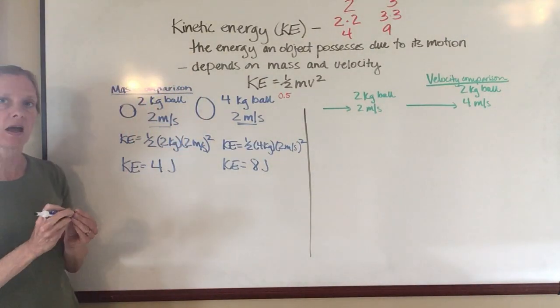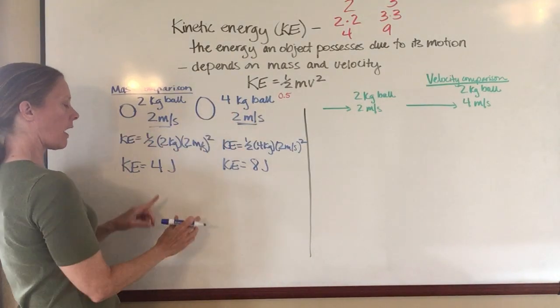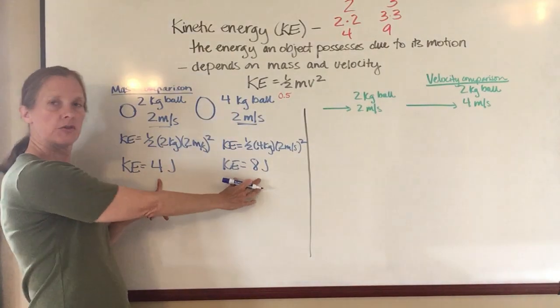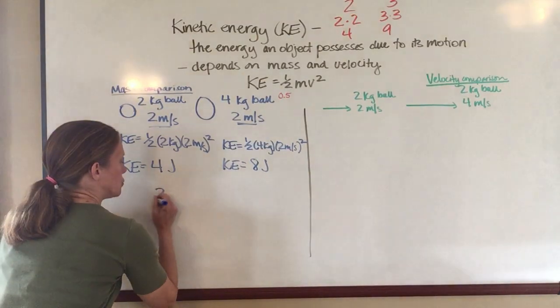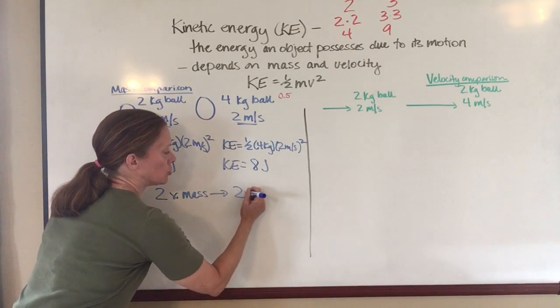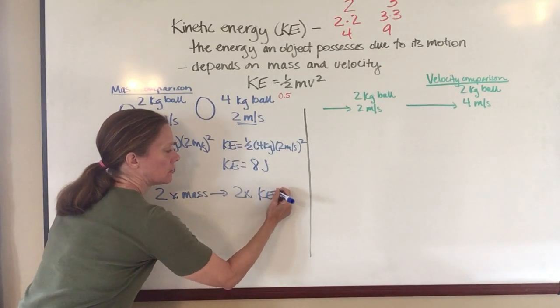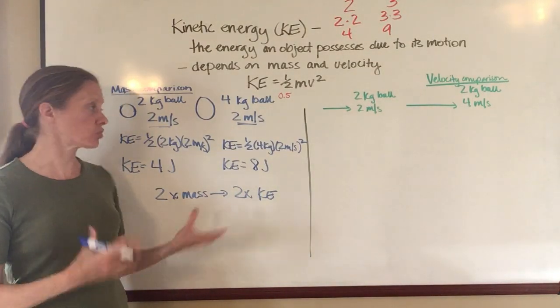So you can see that if I've doubled my mass, I'm also going to double the amount of kinetic energy that I have. So 2 times the mass will lead to 2 times the kinetic energy. That seems like a logical jump, right?